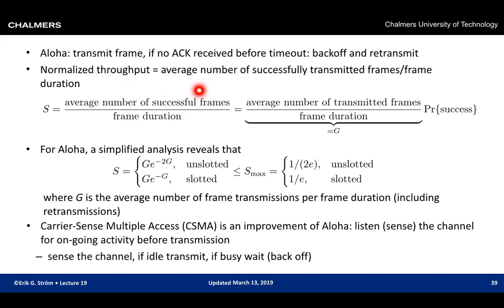The normalized throughput is given by this equation, and with some simplified analysis we figured out that the maximum normalized throughput is 1 over 2e for the unslotted and 1 over e for the slotted one. Here e is Euler's number, 2.7 something.